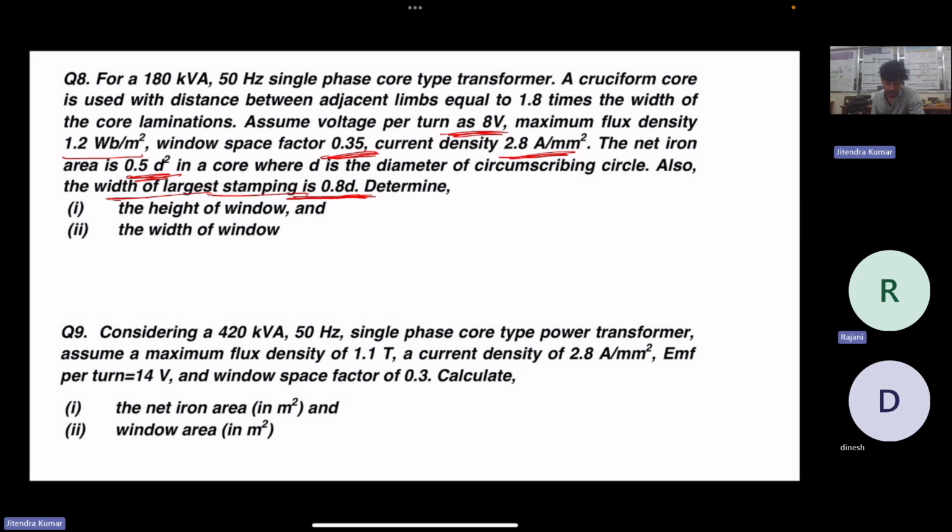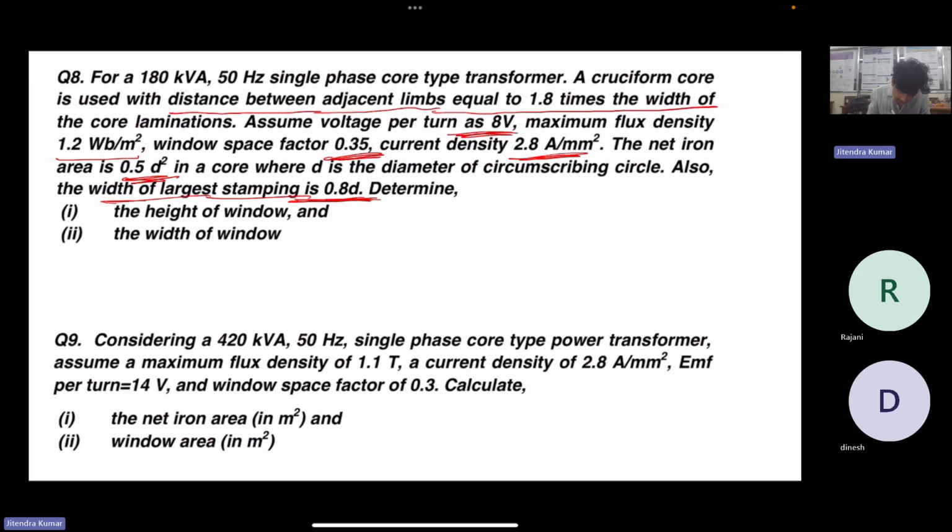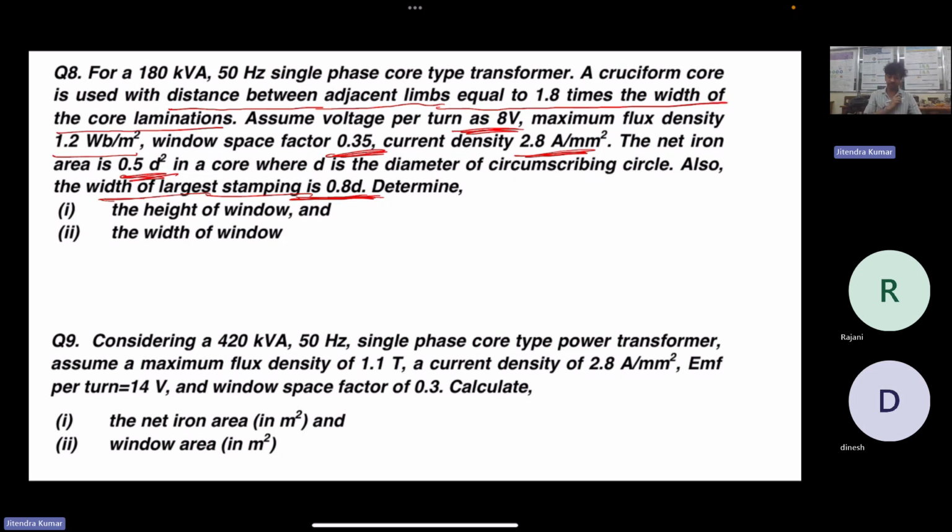The 180 kVA rating of the transformer? No, that we have already used. That's why we calculated the first term, d square into AW. But we did not use this: distance between adjacent limbs equal to 1.8 times the width of the core lamination.